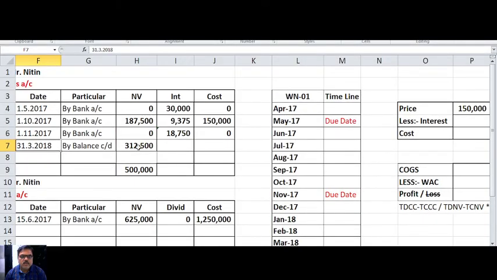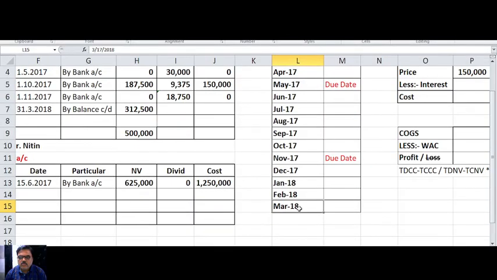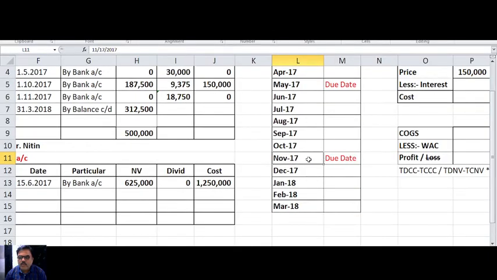So from 31st March to the next due date. Next due date comes to May. So April, from the last due date that we have to calculate. Last due date is 1st November.